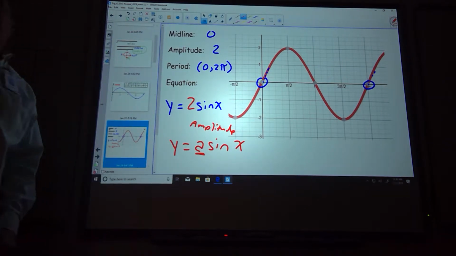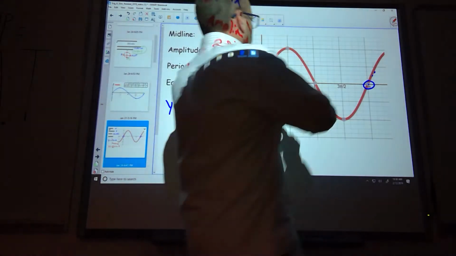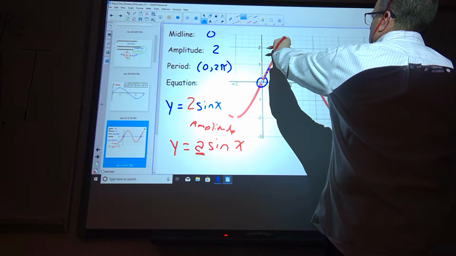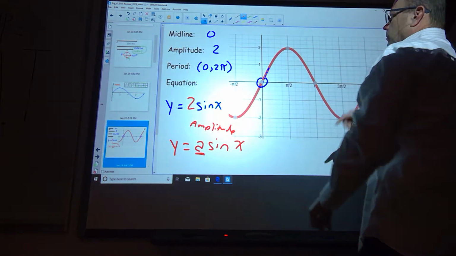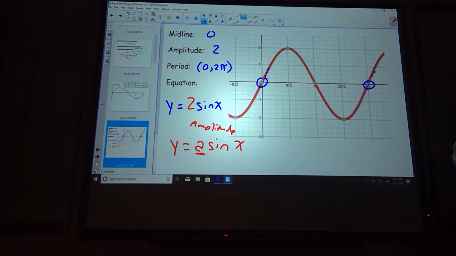Usually the amplitude is the absolute value of that. So if you had a graph upside down, the amplitude's still a distance. But if I have a negative value as that 2, it just flips the graph over. These zeros stay here, and this would come down here, this would come up here. So the amplitude is usually a positive value.